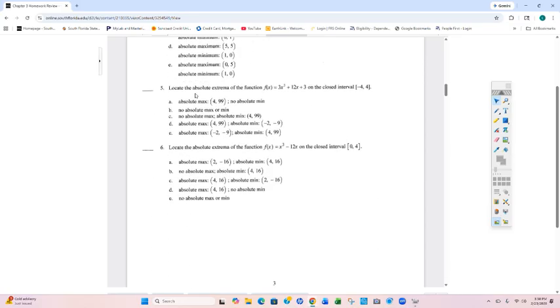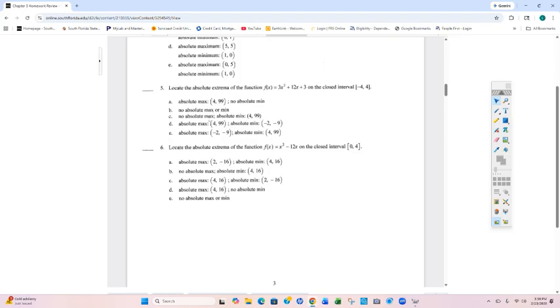Number 5, locate the absolute extrema of the function f of x equals 3x squared plus 12x plus 3, on the closed interval -4 to 4. A, absolute max at the coordinate 4, 99, no absolute minimum. B, no absolute max or min.